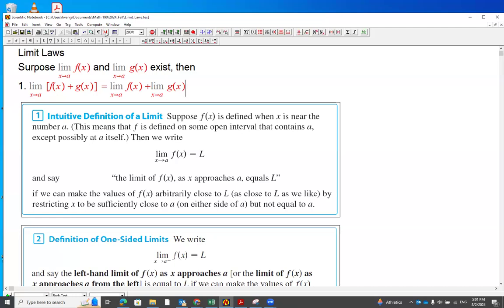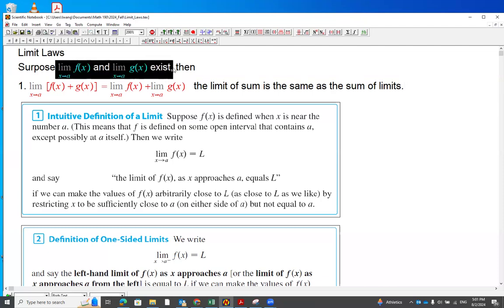In other words, the limit of a sum is the same as the sum of limits, provided that both limits exist individually.